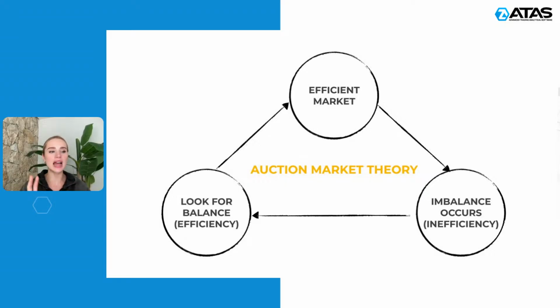And there are two types of setups in the market auction theory, so responsive trades and initiative trades. Okay? So responsive trades occur within the current balance, within the efficient market, from edges of the range towards its center, for example. The point of control is usually in the center of it.